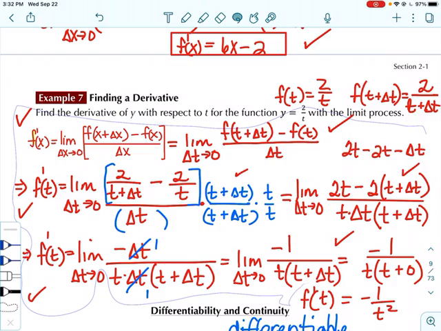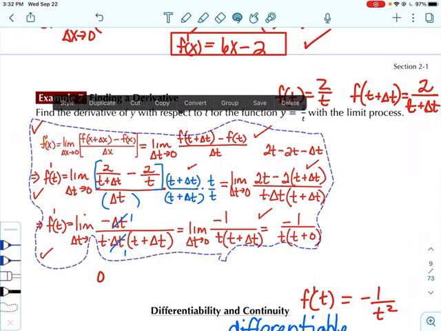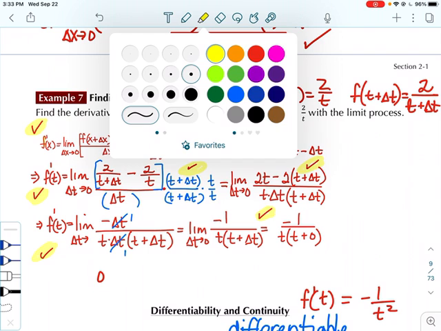Each step of the way, you are always kind of saying, where am I? What am I doing? So each step of the way as you go through, 1, 2, 3, 4, 5, 6, 7. Let me do this again.